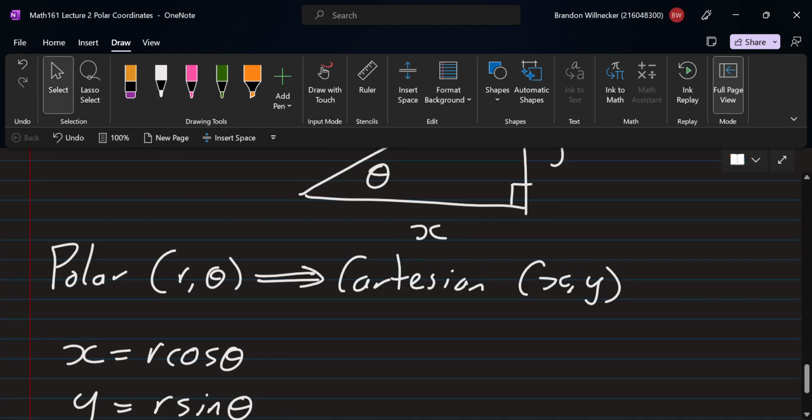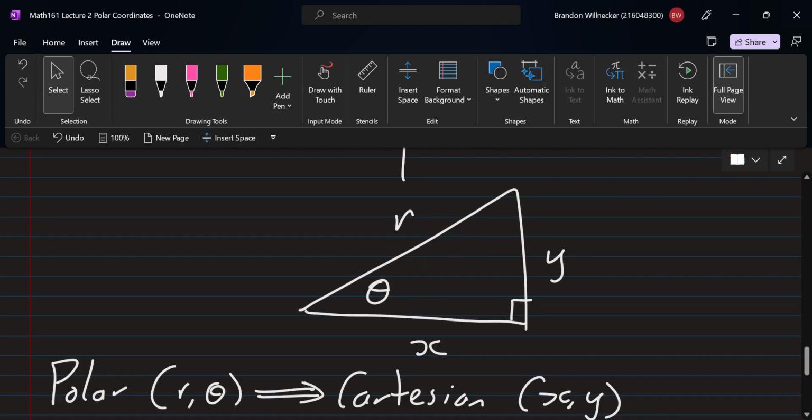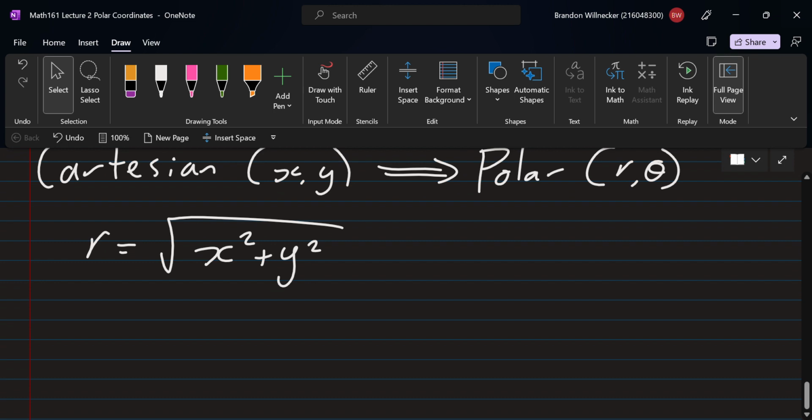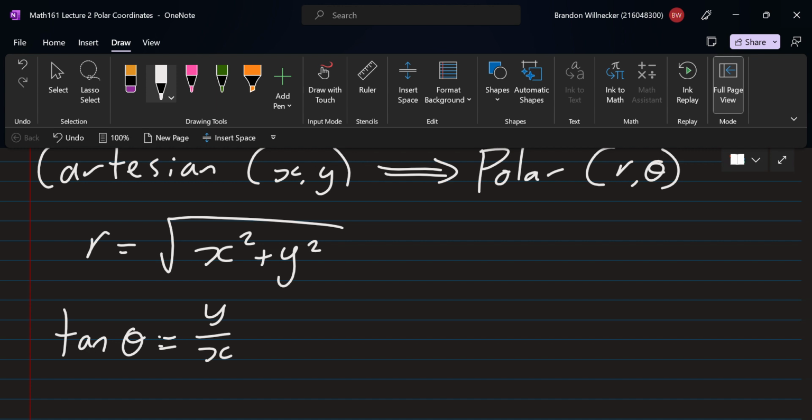What about theta? Well, we know x, we know y, we don't know theta, but we know the trig ratio that involves x and y. That's tan. Tan theta is y over x. So if tan theta is y over x, remember we want theta.